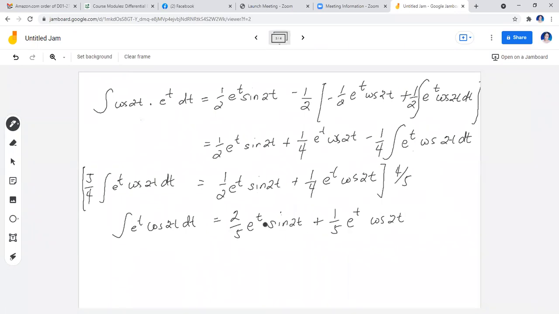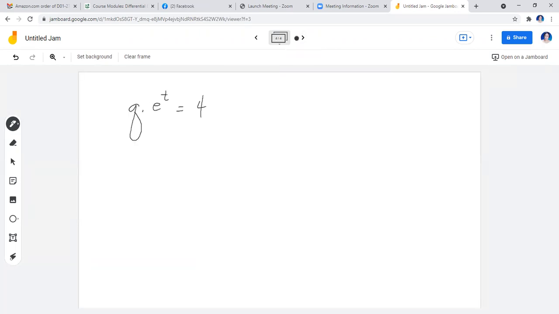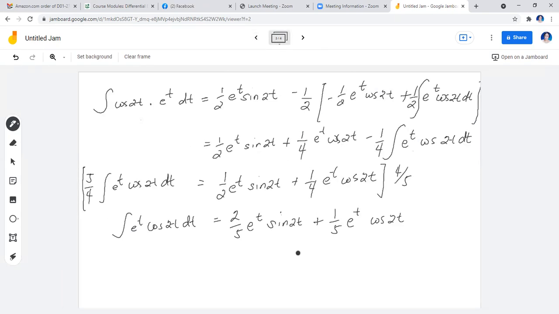Now in here, you could see that I have an exponential function that is common, and a 1/5 also that is common. So I can factor it out. 1/5 e raised to t. So I'll place here 1/5 e raised to t. Then my multiplier for the first term would be 2 sine 2t.